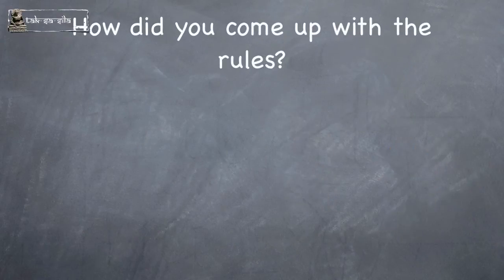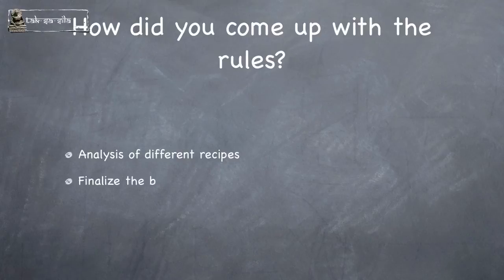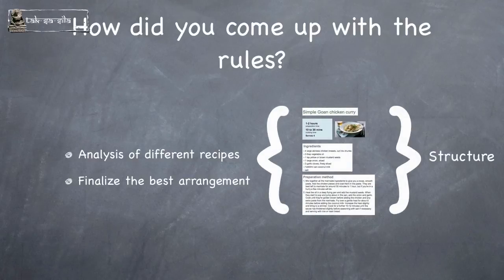Let us now take a step back and try to realize what just happened. You defined a set of rules for authoring, but how did you arrive at those rules? Well, obviously you analyzed all the recipes that you had received or have come across in the past and finalized what you think was the best way of arranging information for a recipe. In other words, you gave your recipes a structure.